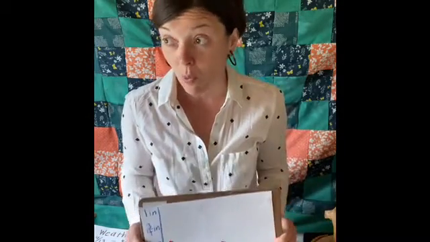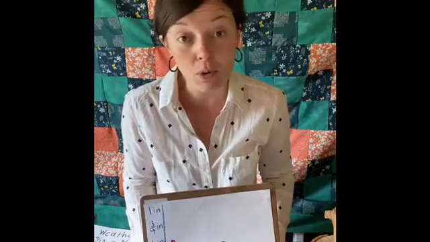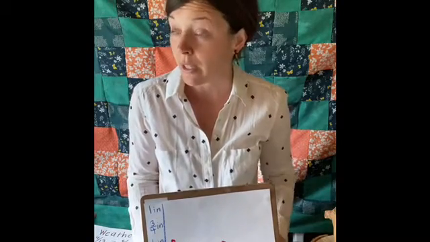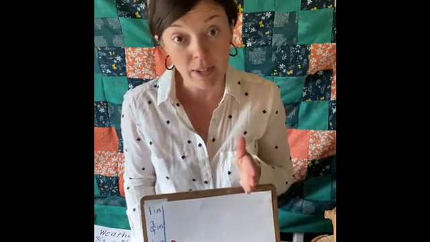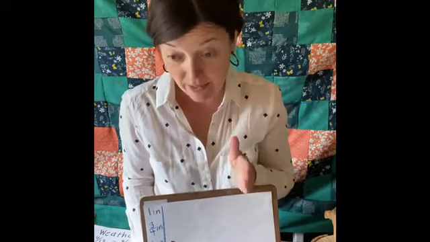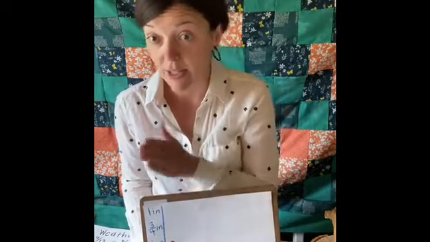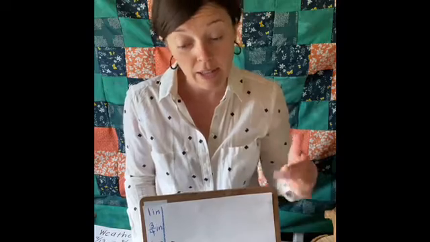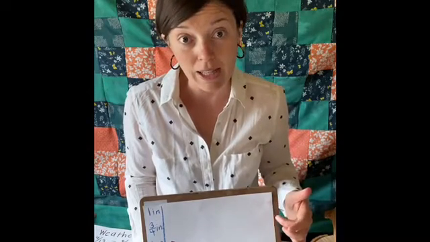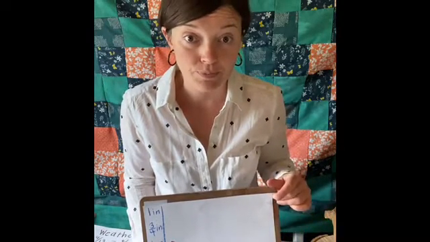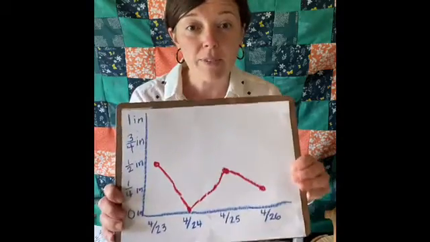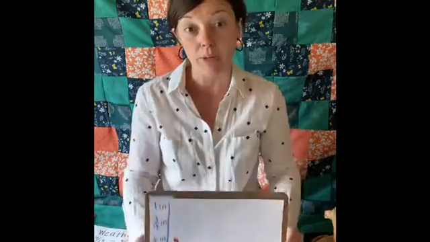Now, if you wanted to do more weather graphing for the rest of this week and be very specific, on Wednesday it's sunny, on Thursday it's sunny, on Friday it's cloudy, then you could make a line graph with that information. But I would like to see everyone's line graph of the amount of rainfall.